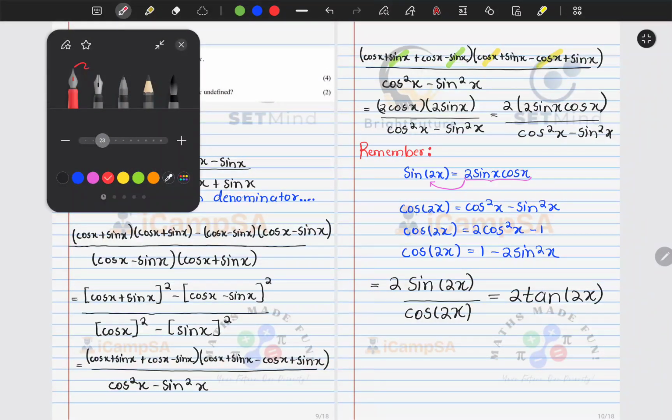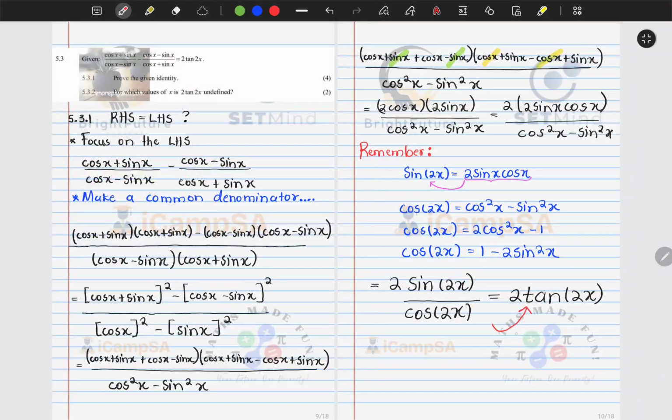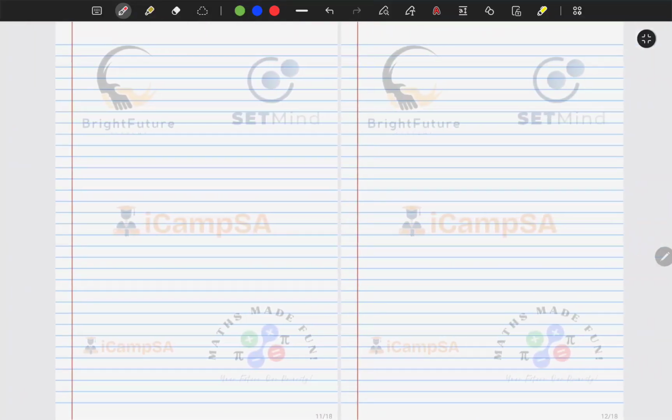And this here, guys, is what they needed us to show. So that there is our answer. Okay. So I hope that you do understand and you follow all the steps that we undertook here. So let's go to the next page and have a look at the second part of the question.